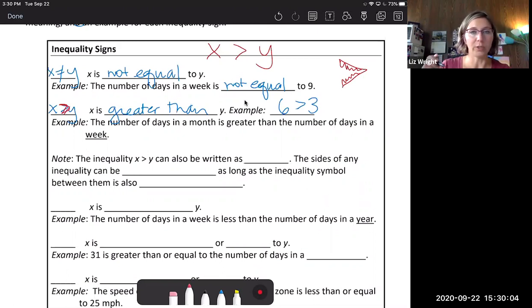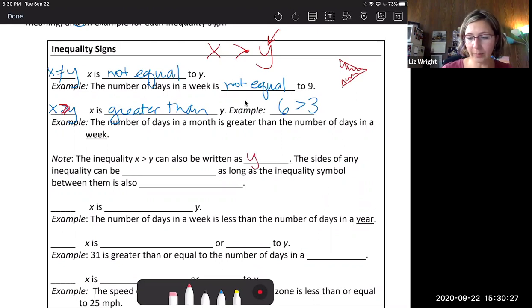You're reading from that variable, saying y, and then the smaller side is pointing towards it, is less than x. So if you want to do alligator, or read the sign, I don't care, just make sure you get it right.